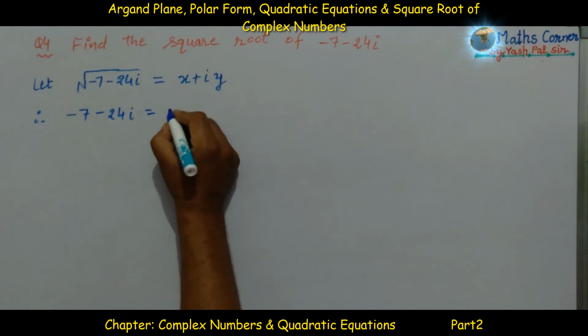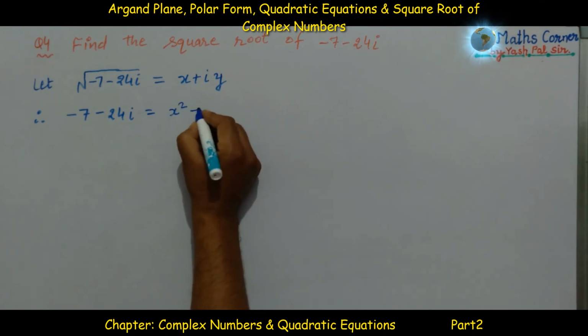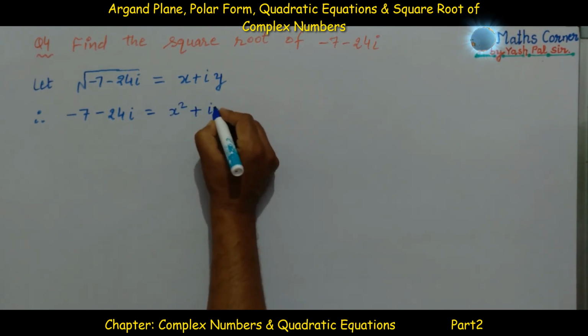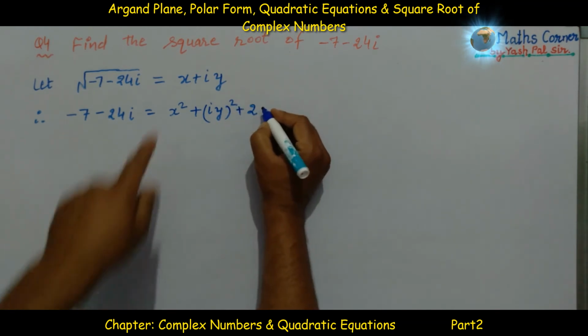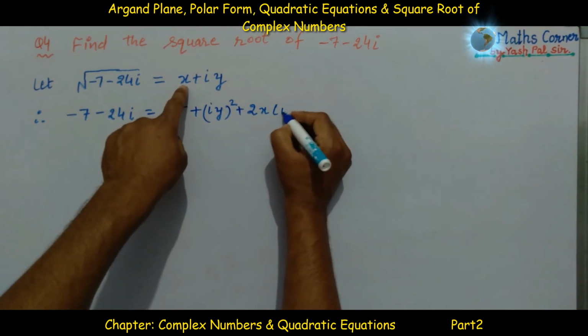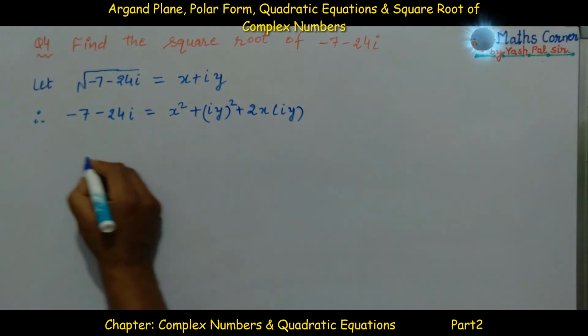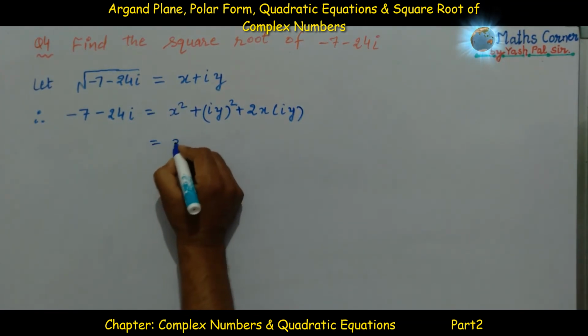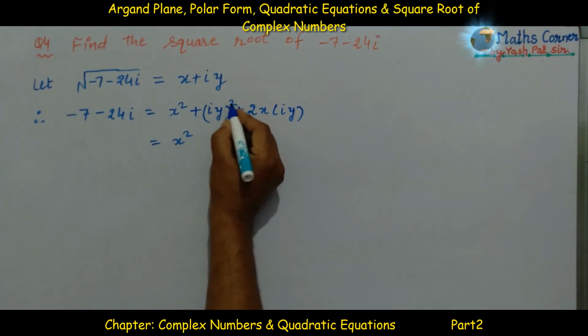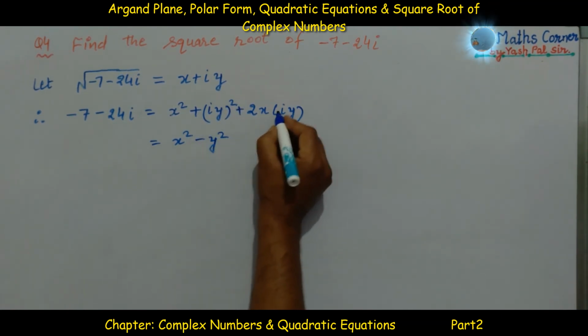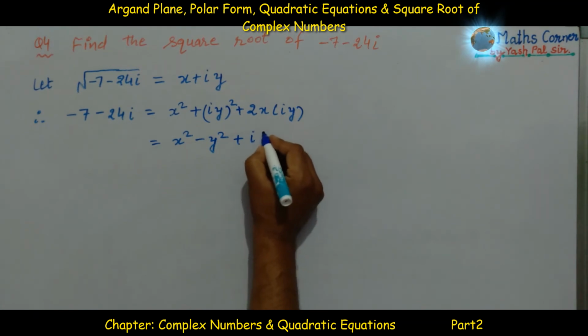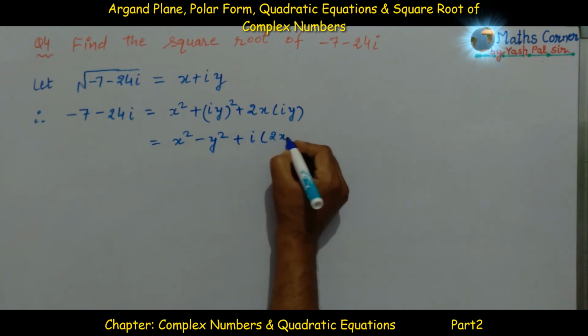Its square means x square plus (iota y) whole square plus 2ab, that is 2 into x into iota y. We write this as x square plus i square, meaning minus y square, so this becomes minus y square, plus iota into 2xy.